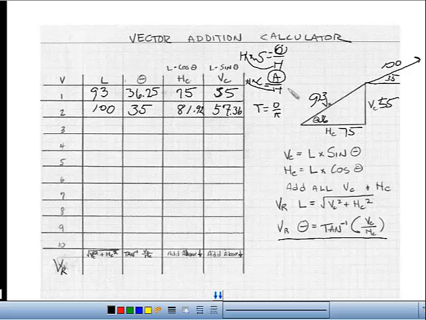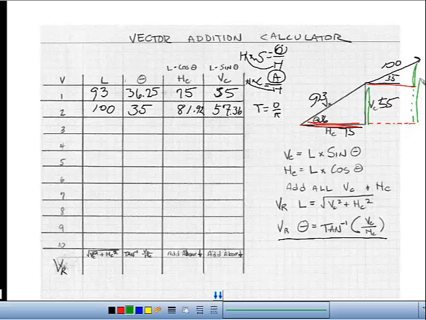So, adding these two vectors together is as simple as adding the horizontal of the first plus the horizontal of the second, get a value, add the vertical of the first to the vertical of the second.